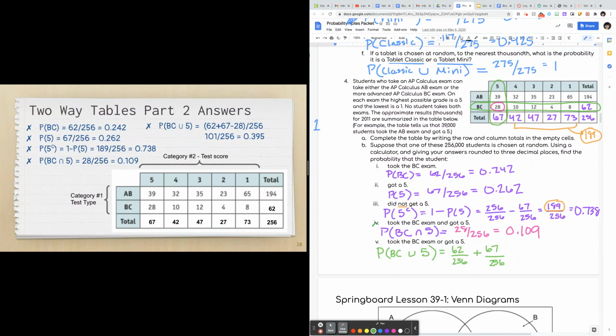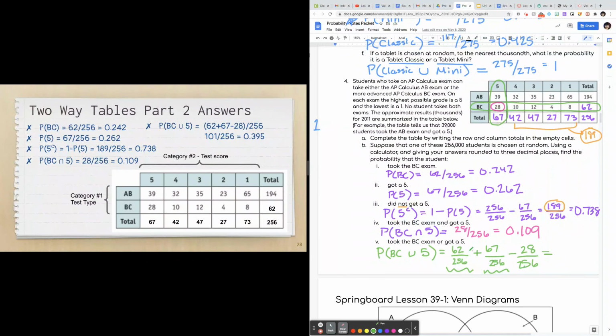But the problem here is that you have some people that got counted twice, and it's these 28 people that fit in both categories because they're counted here in this 62, and they're also counted here in this 67. So what that means is you have to subtract one of them out because otherwise those people will get counted twice, and then my probability is going to be incorrect.